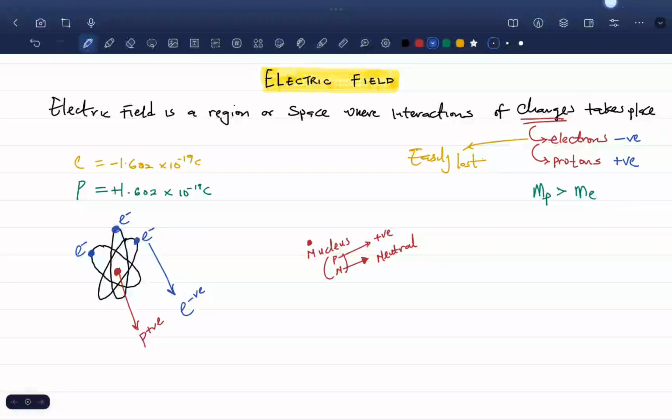So since one is positive and one is negative, there tends to be an attraction force between the protons and the electrons. So the protons and the electrons tend to attract each other with a force of attraction. So the nucleus is attracting the electrons.